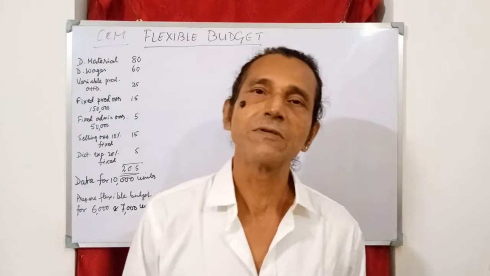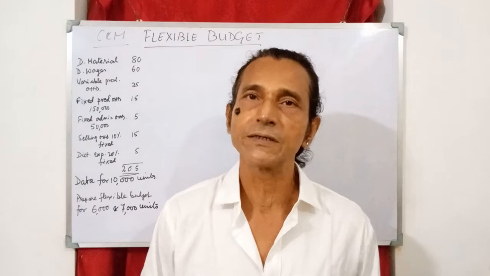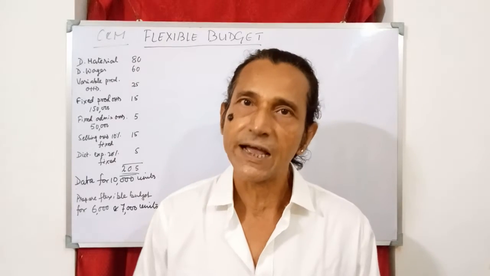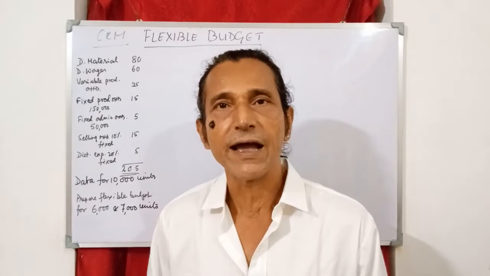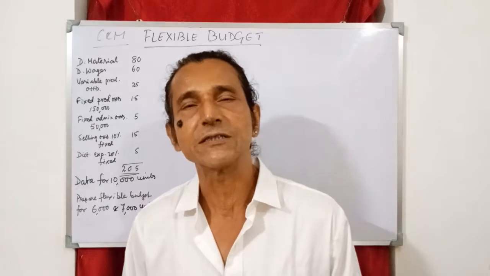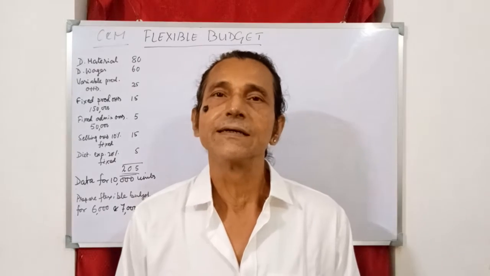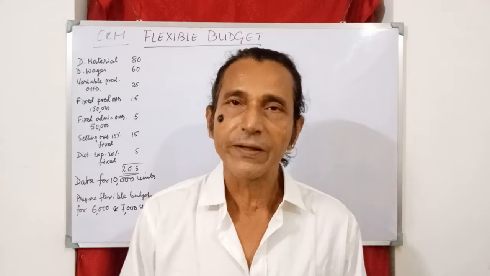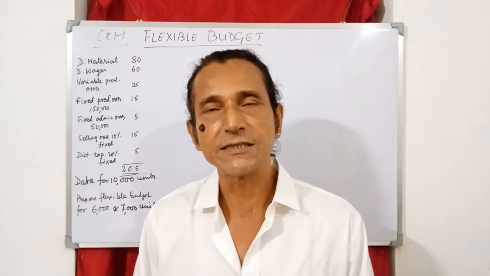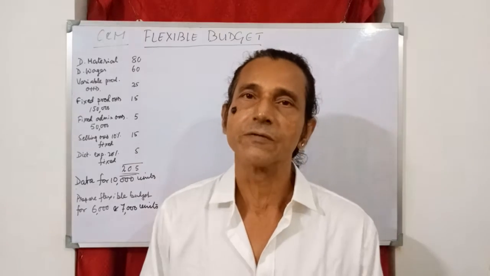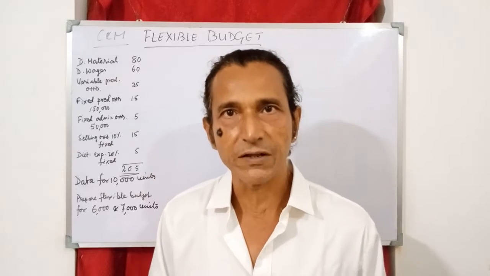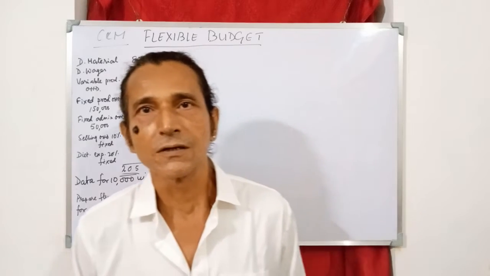And what is a flexible budget? Flexible budget is a budget which is designed to change according to the level of activities attained, and the method of preparing this budget recognizes the distinction between fixed cost, variable cost and semi-variable cost or semi-fixed cost.